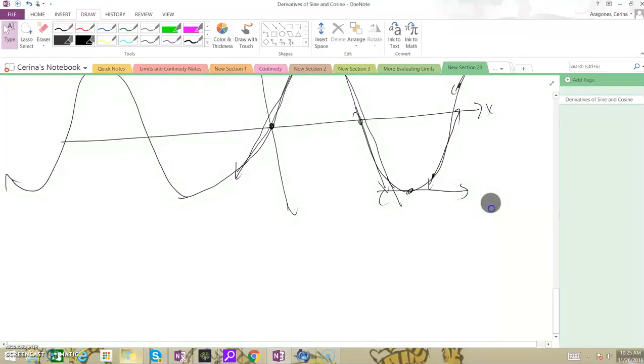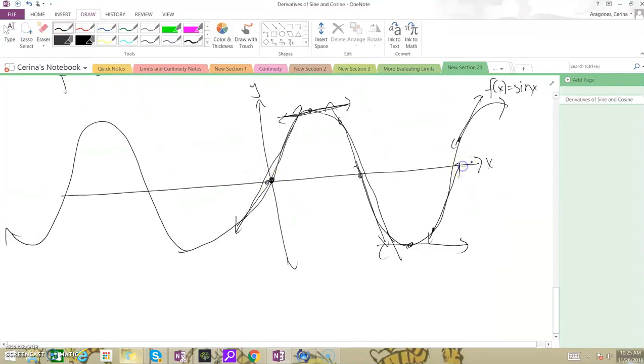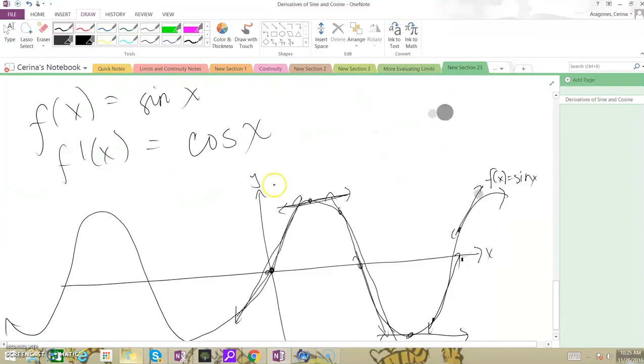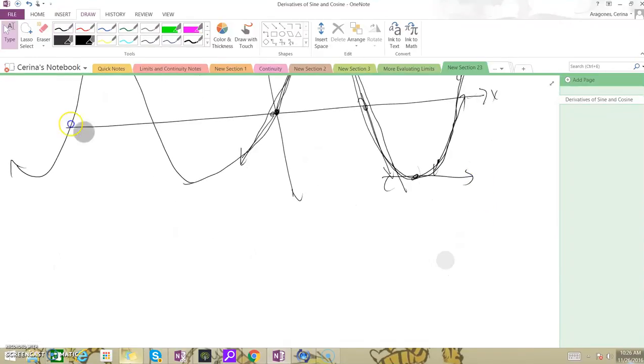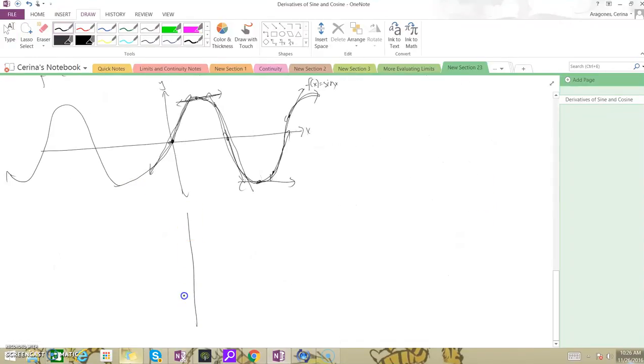So as you can see, as we go from 0 to, let's say, 2 pi, our slopes first increase, then become 0, then decrease, slow down, become 0, then increase, slow down, become 0, and so on and so forth. The function that does that, if we compare, at 0 we're increasing, until we hit 0.